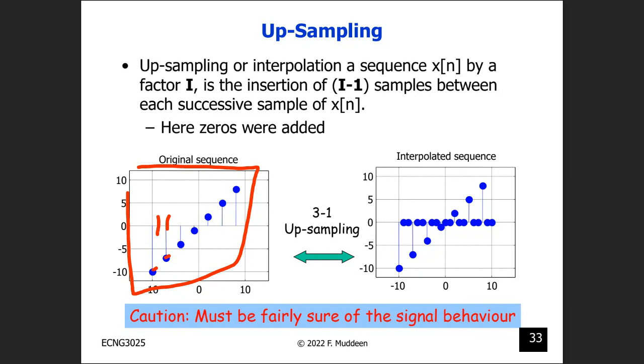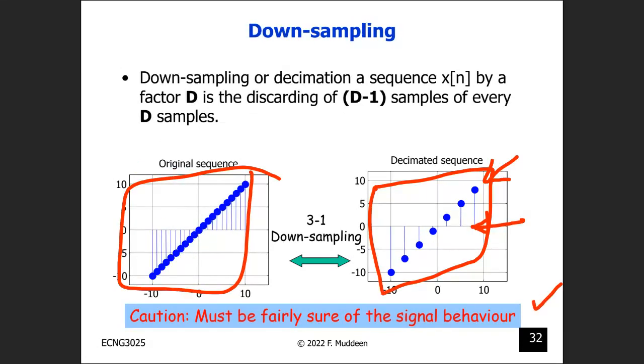If I'm fairly certain that the sequence of values in between were behaving like that, what I could do is ask the system to interpolate between these two and add 2 values between here. So in other words, I could upsample and insert values that would bring it back to look like this one here.